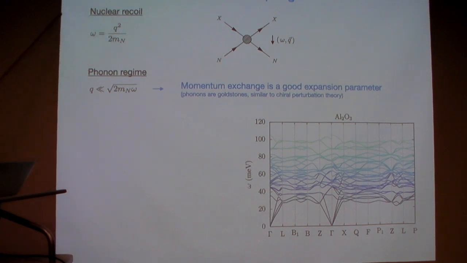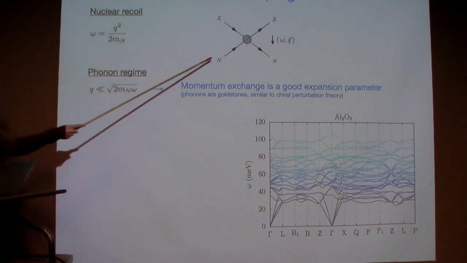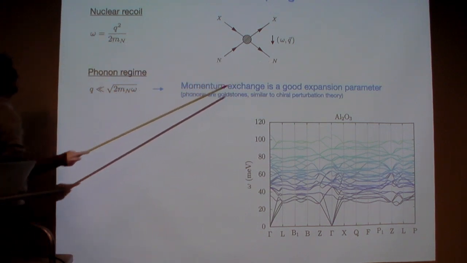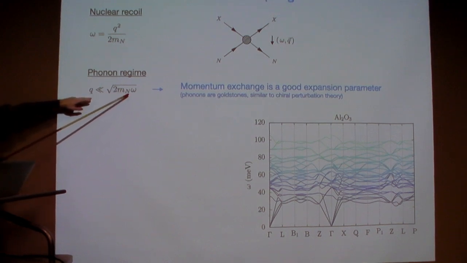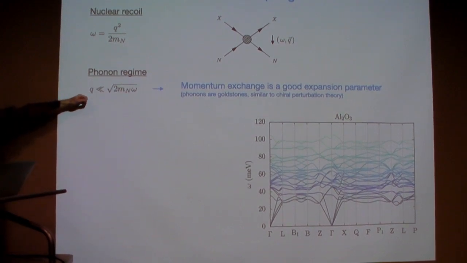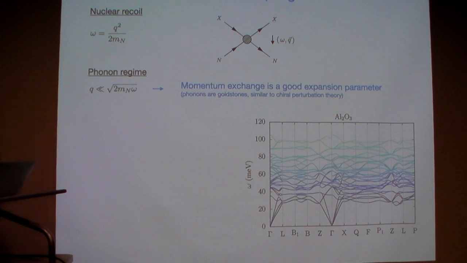If I had a nuclear recoil, so if the momentum transfer is very high, this is just a dispersion relation because this nucleus over here needs to be on shell, so I need to have the right amount of kinetic energy. The phonon regime is going to be the regime where the momentum is very small compared to this geometric mean, of course. And this is what we're going to be expanding in. This is our expansion parameter.